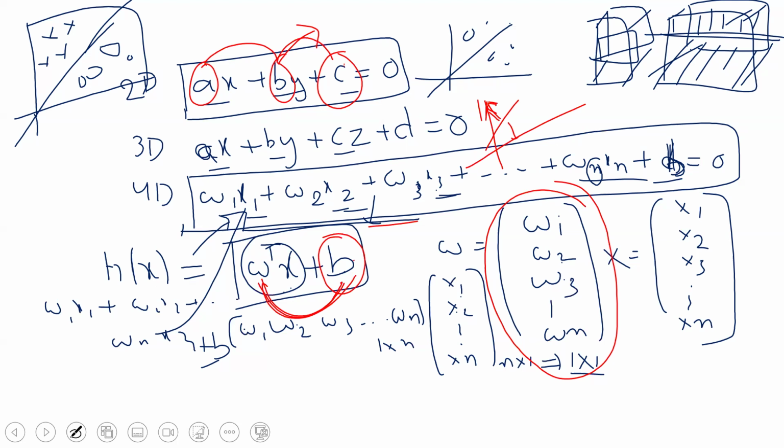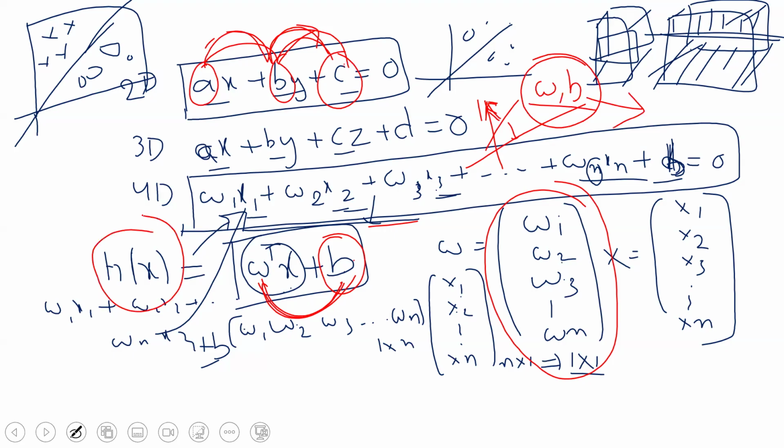Now, what is our goal? In the 2D case, our goal is to find the optimal values for A, B, and C. What is our goal now? The goal now is to find the optimal values for W and B, the weight vector and the B. Once you find these values effectively, you will be able to find a hyperplane that separates the data effectively in higher dimensions. So this is the intuition behind a hyperplane.